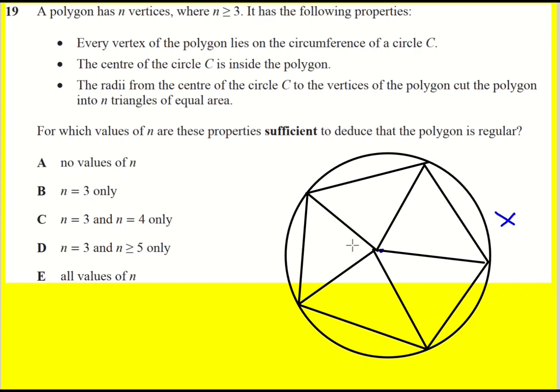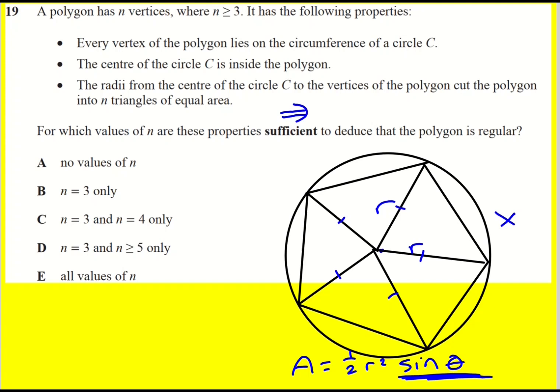Now we're asked to show for which values of n these properties are sufficient to imply that the polygon must be regular. Well, all these sides are the same length, they're all r. So the area of any given triangle is going to be a half r squared sine theta. That's a half AB sine C. So the only way they're going to have equal area is if sine theta is the same for every triangle.